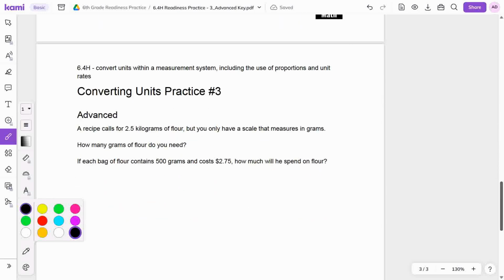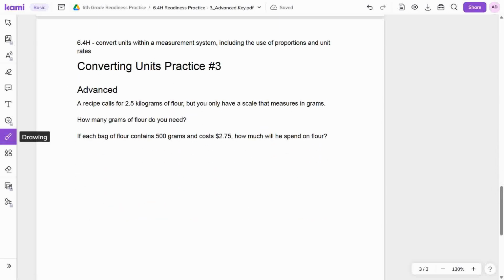Now for our third problem, we have a recipe that calls for 2.5 kilograms, but we have a scale that only measures in grams. So how many grams do we need? Well, 1 kilogram equals 1,000 grams. So if I've got 2.5 kilograms, then I'm going to multiply that by 1,000.